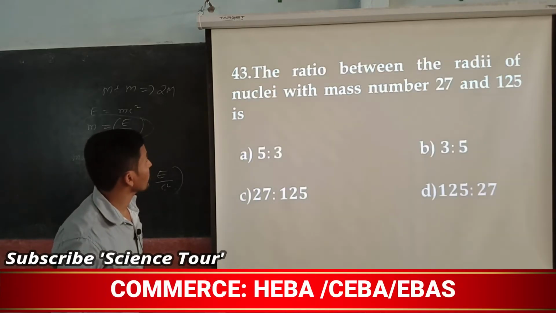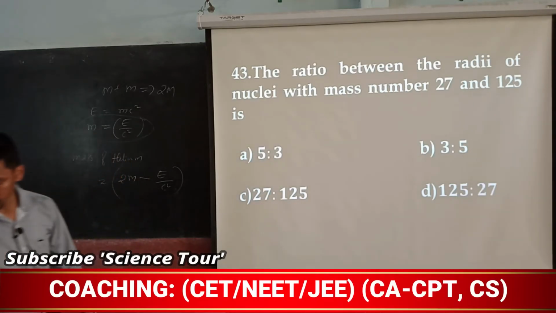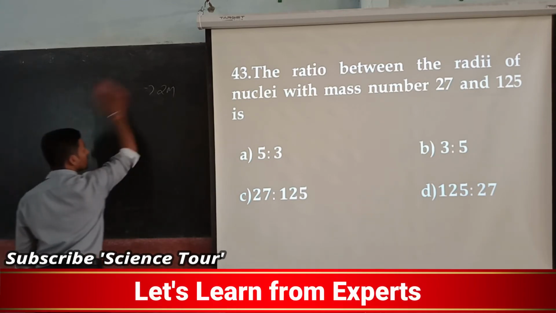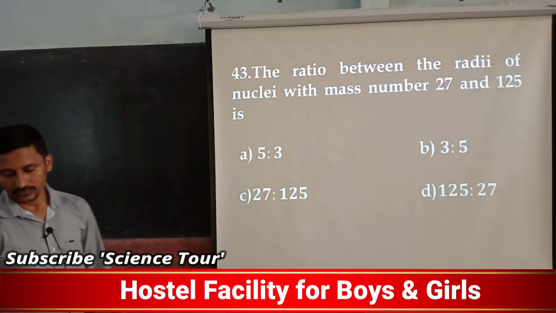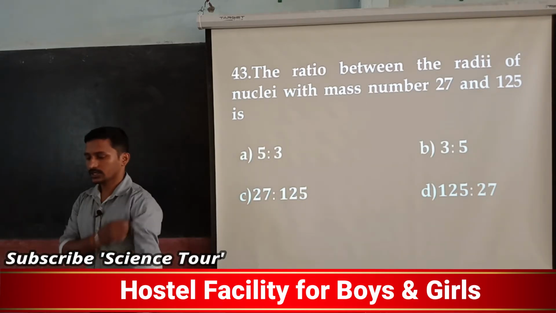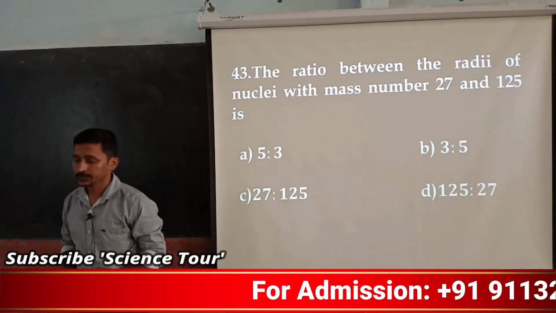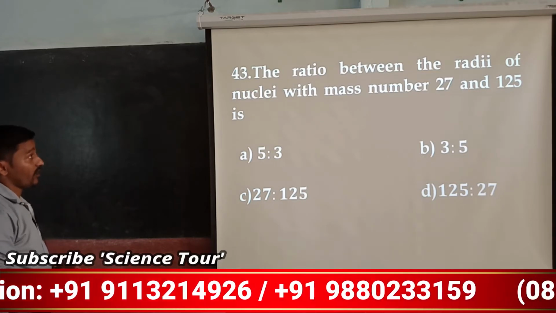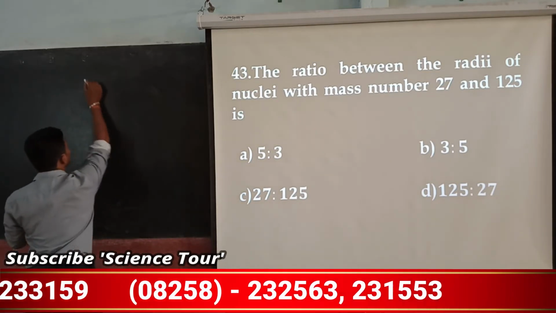Next we are going to talk about question 43. Go through the question, find out the answer. All the questions are very easy. Question 43 is the ratio between the radii of nuclei with mass numbers 27 and 125.